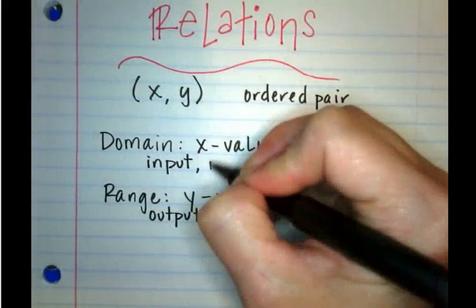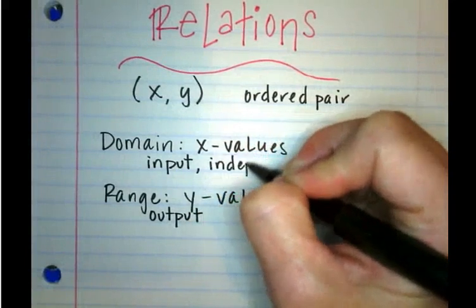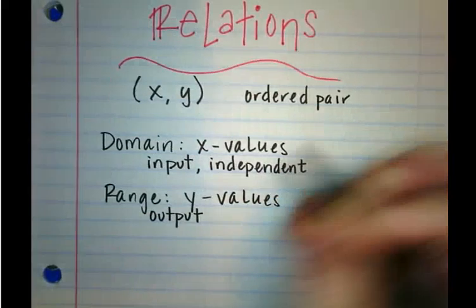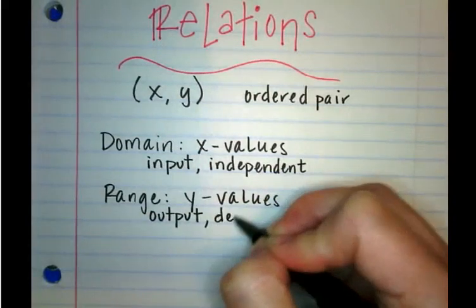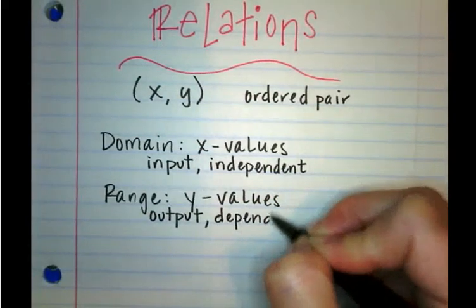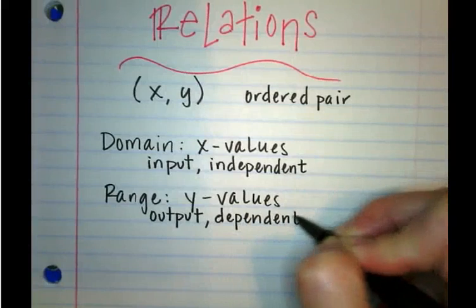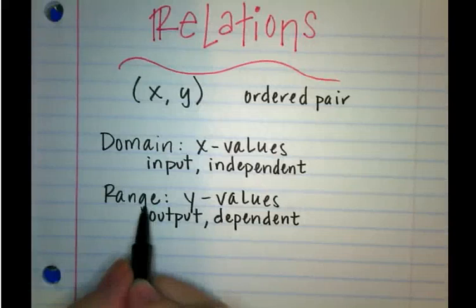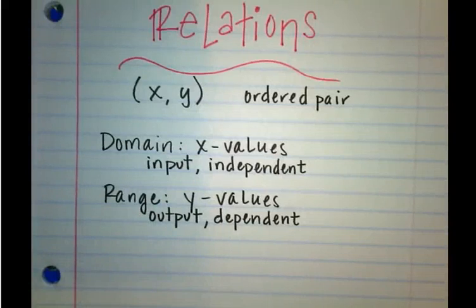You might have even heard of independent, which is the X, and that would mean that the Y would be dependent. But when we say domain and range, that's more of the algebraic way of talking about the X and the Y values of our relations.